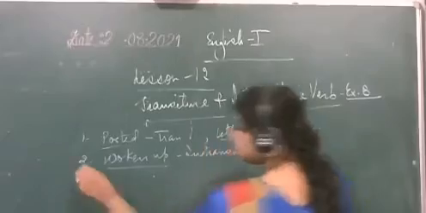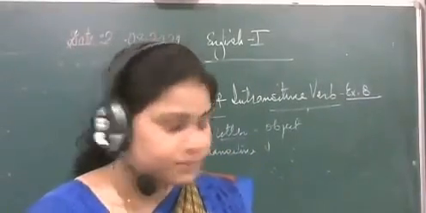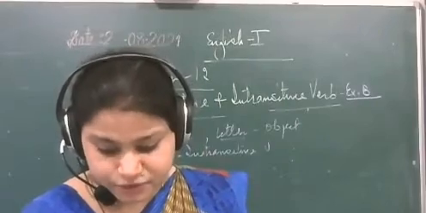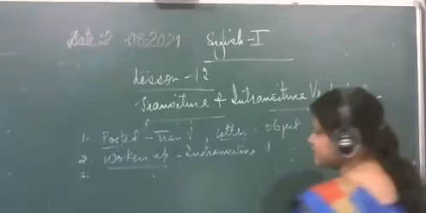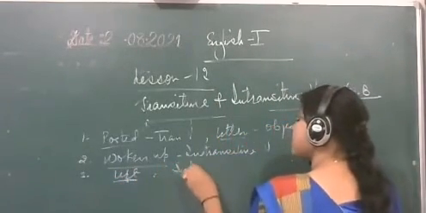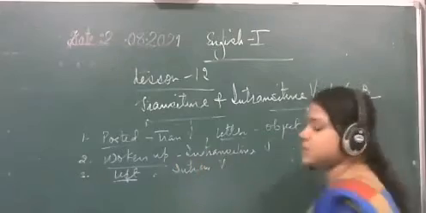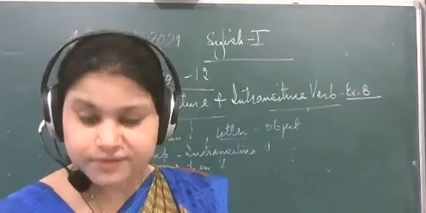Third is: they left before the match began. They left before the match began. The word left is a type of intransitive verb. That also is an intransitive verb. Clear?